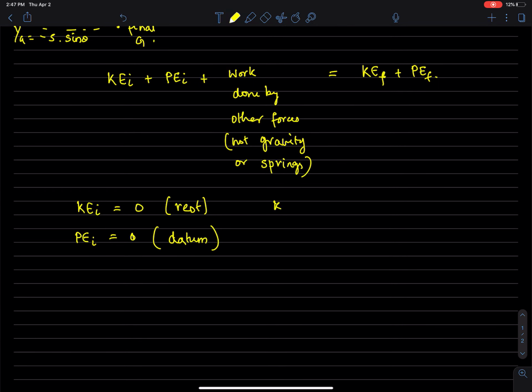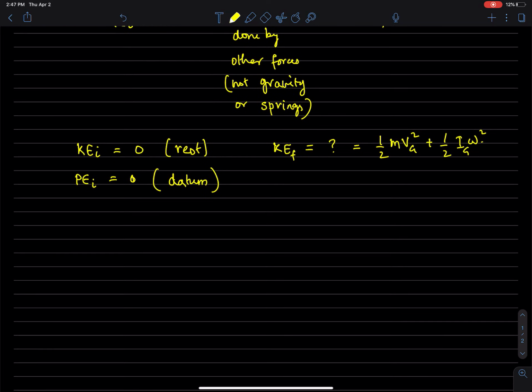So KE final is not known. In fact, it's going to be half m vG square plus half Ig omega square. Now we are asked to find vG, but we do not know omega either.